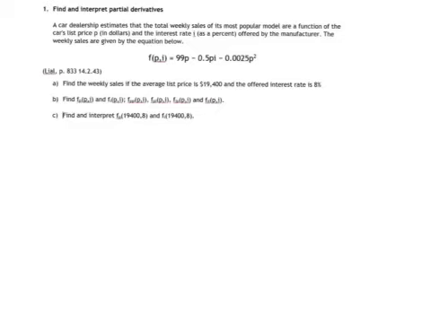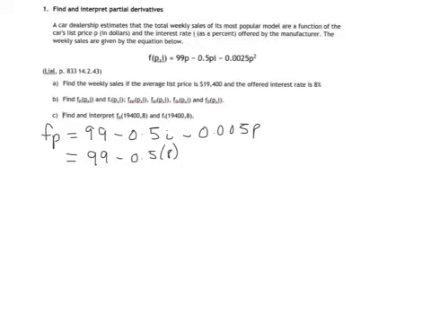Okay, so we're going to have to be reminded our f sub p is equal to 99 minus 0.5 I minus 0.005p. Okay, so we're going to substitute those values in. Remember, it's 8 as a percent, so you're just keeping it as a percent. The question should tell you. Okay, and we get a value here of negative 2.